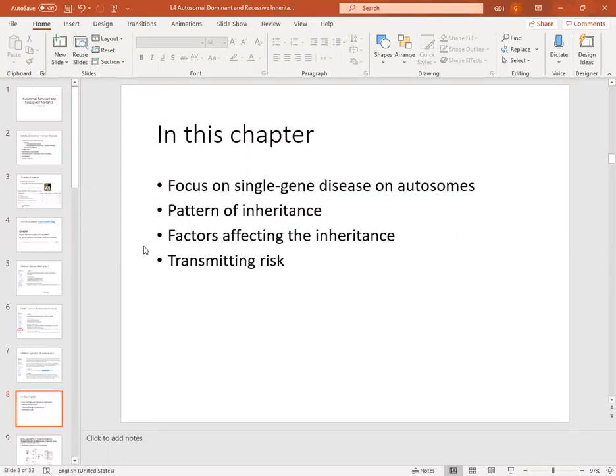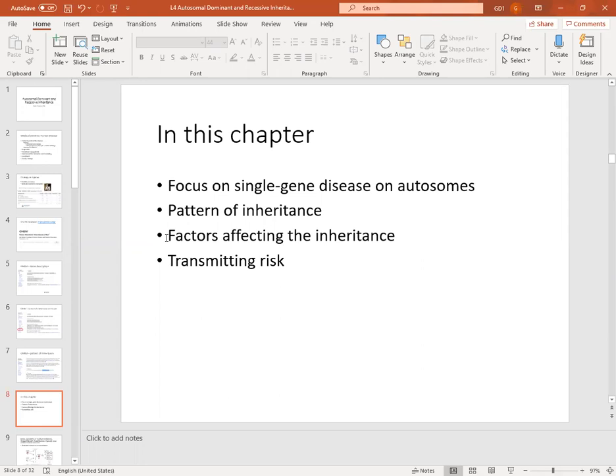And we also touch on some factors affecting inheritance. Because sometimes it's dominant or recessive, that is not very strictly correct. I mean, sometimes it's dominant, sometimes it's recessive in some cases.